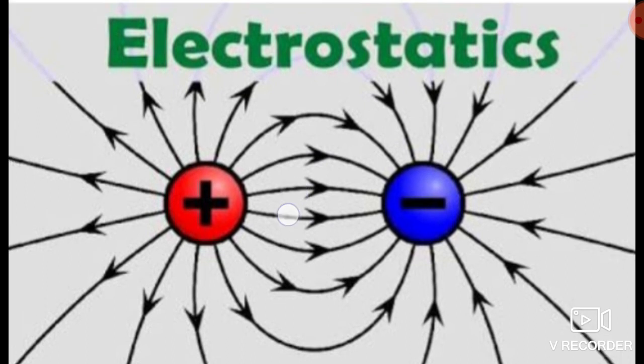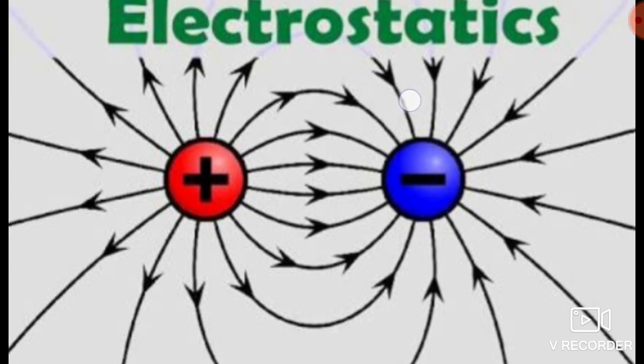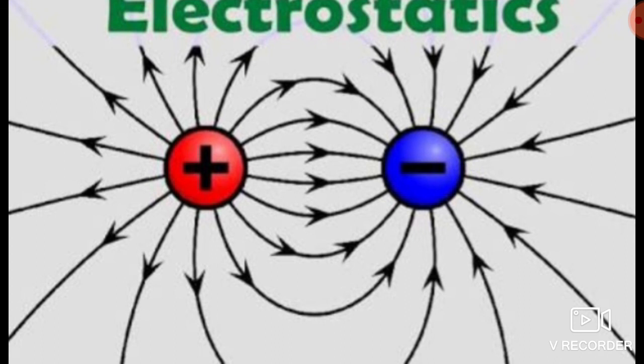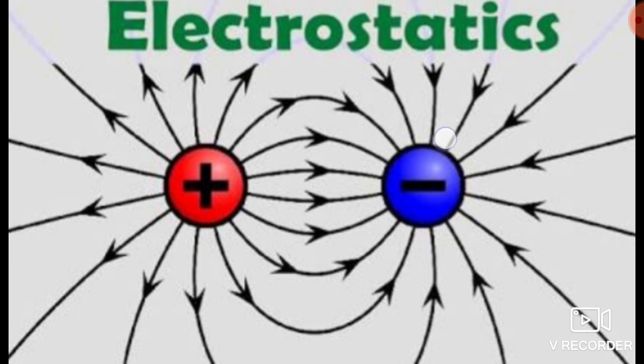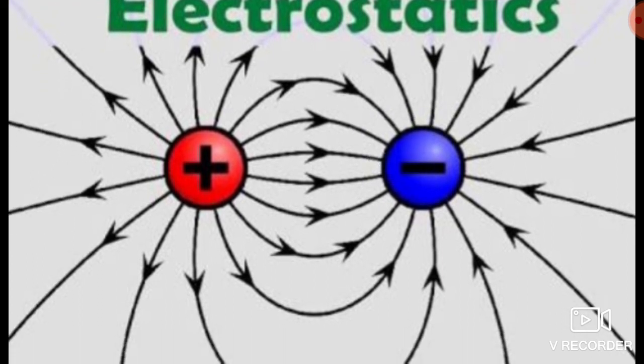So electric lines of force are the lines coming out from a positive charge and entering the negative charge. It is one of the properties that lines of force always come out of the positive charge and enter the negative charge. It gives the direction of electric intensity at any point.